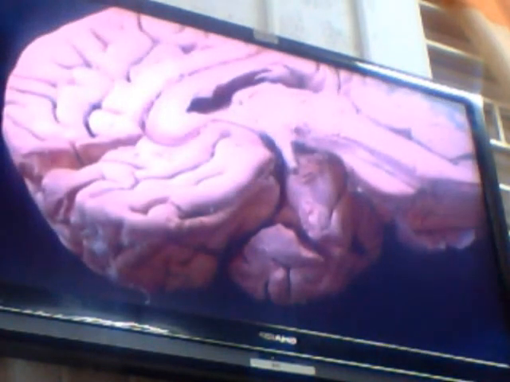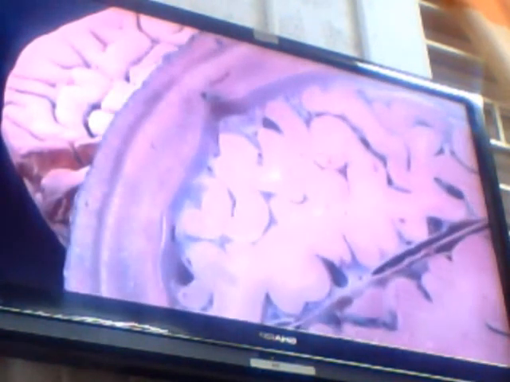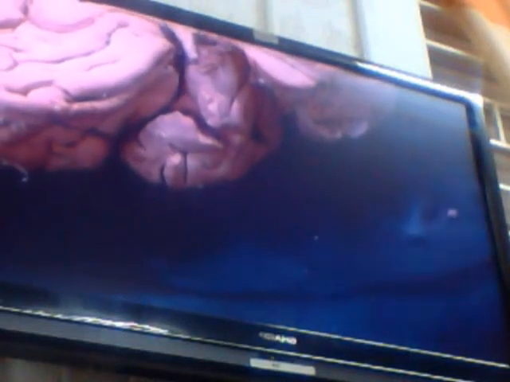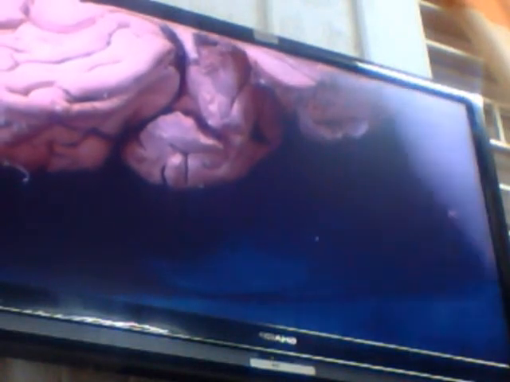So if I look at this brain, take a look at this. The ideal one to use is one that shows you this ventricle.